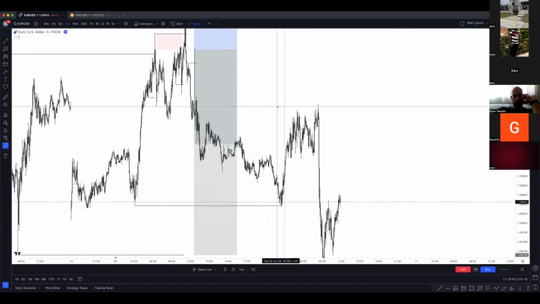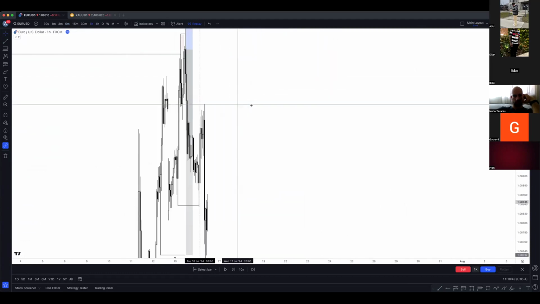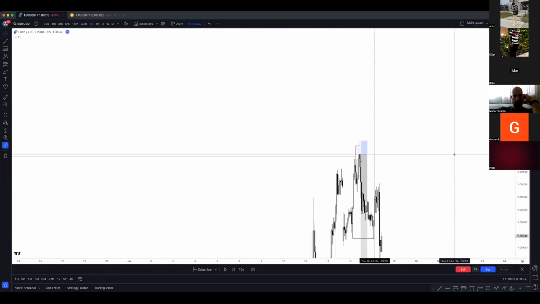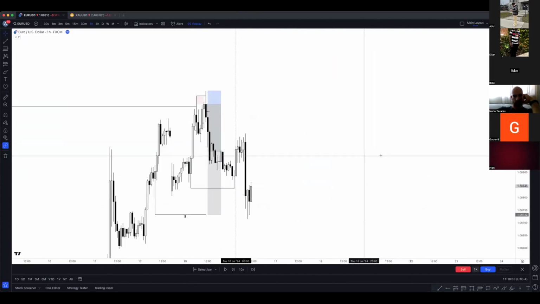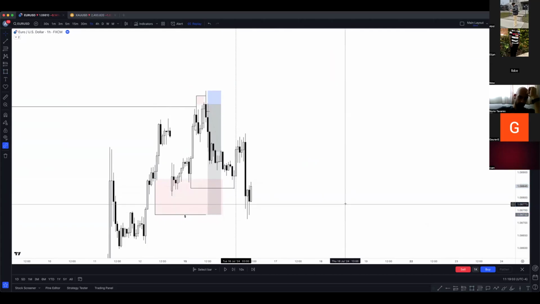And then what ended up happening, let's go on the 1 hour real quick. There's a lot of liquidity to the downside, and pretty much this whole area was already used as a POI.